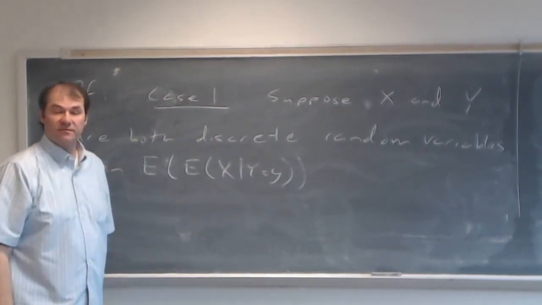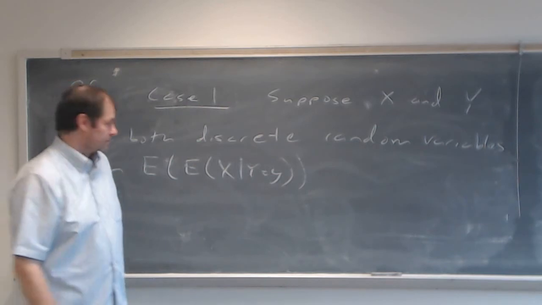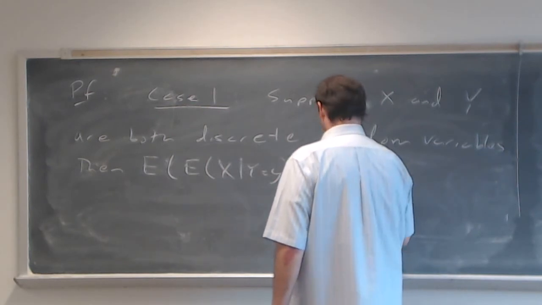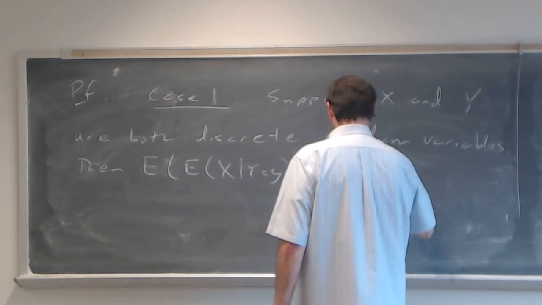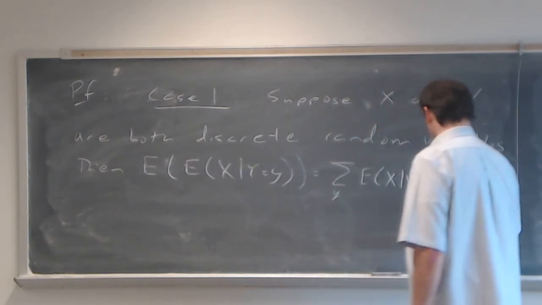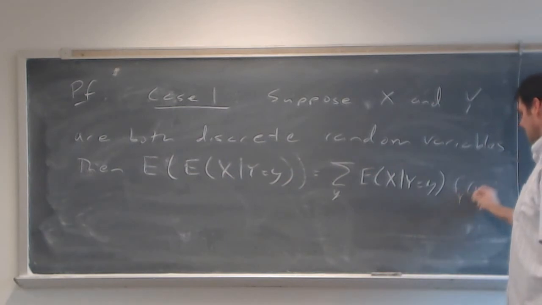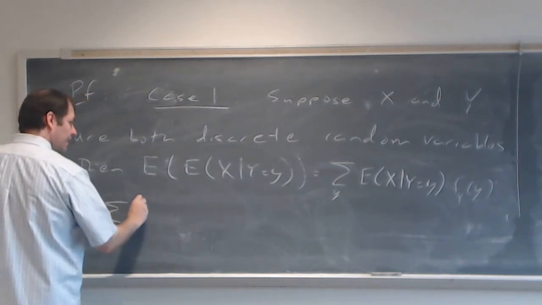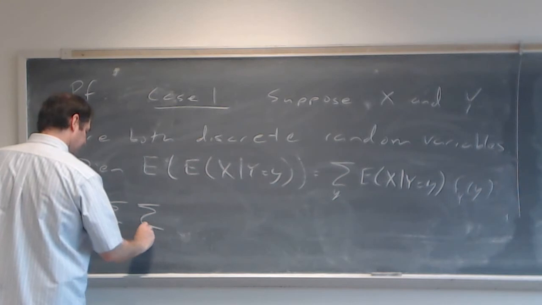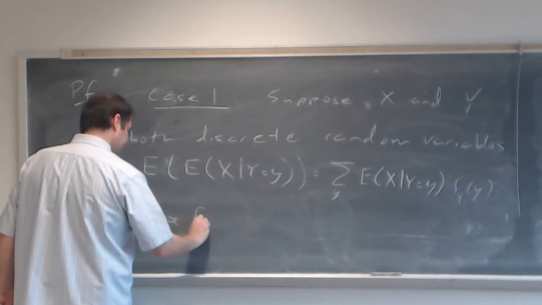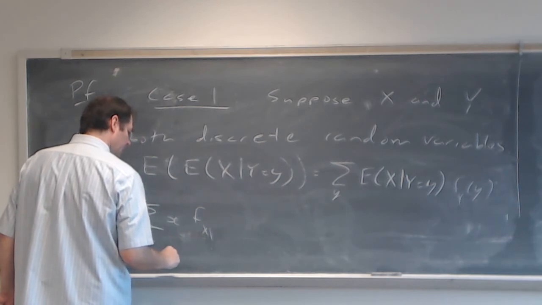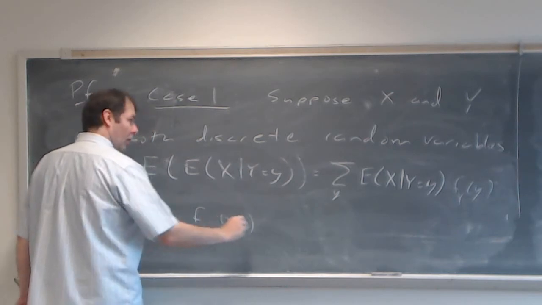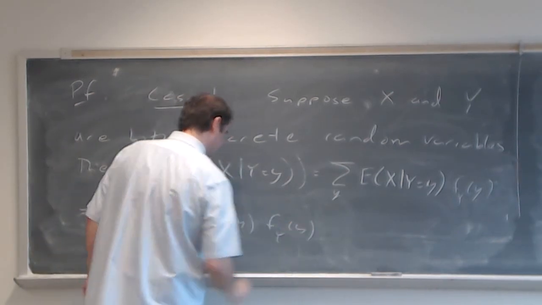This inner part is a function of y, so this will be the sum over all y values of the expected value of X given Y equals y, times the PMF of Y. Now the conditional expectation of X is the sum over x values of x times the conditional probability mass function of X given Y. So that's that part, and here we have f sub Y of y.